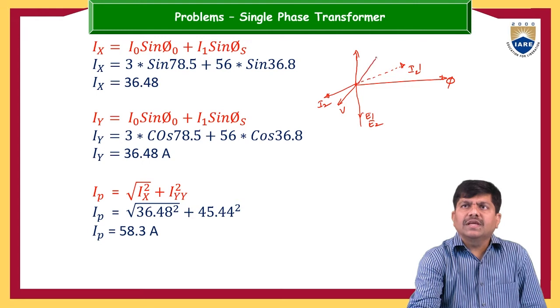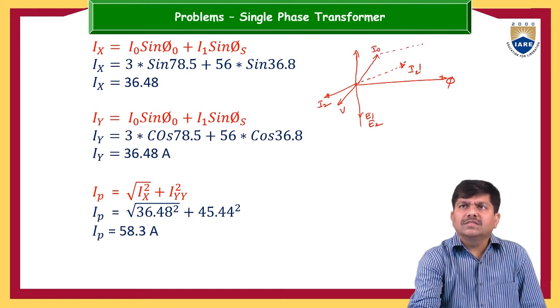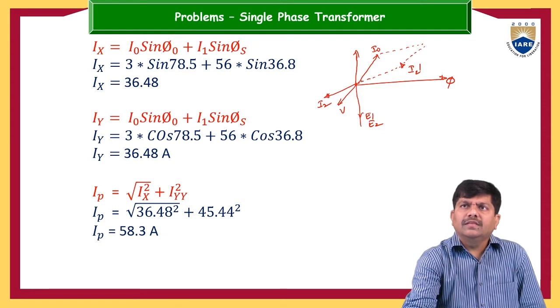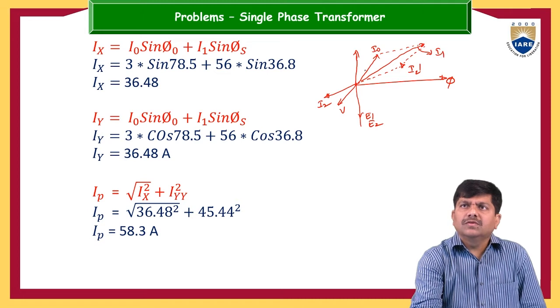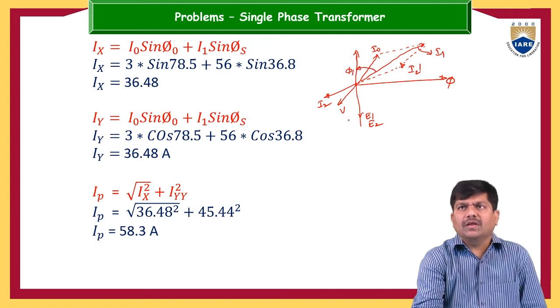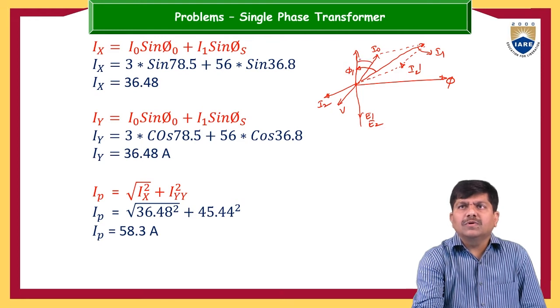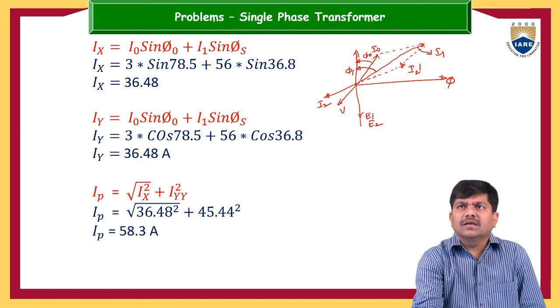And if this is I0, then if you construct this, the diagonal will be the I1 current. So the angle it makes with this is phi 1, the angle it makes with phi naught, and this angle corresponds to I2 dash.